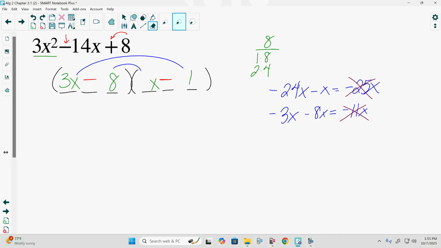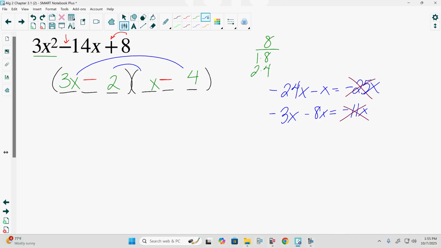So we tried every option between 3x and x, 1 and 8. So we've got to switch the 1 and 8 to 2 and 4. Where do we want to put the 4 for our first try? With the 3x or with the x? And we'll put the 2 with the 3x.